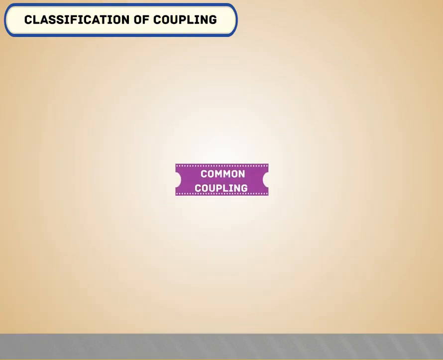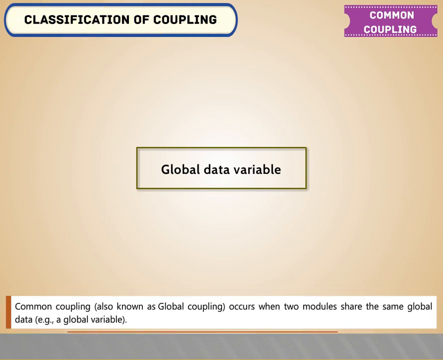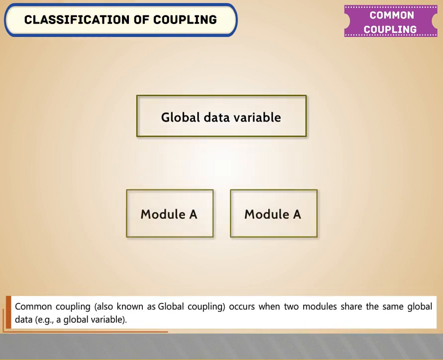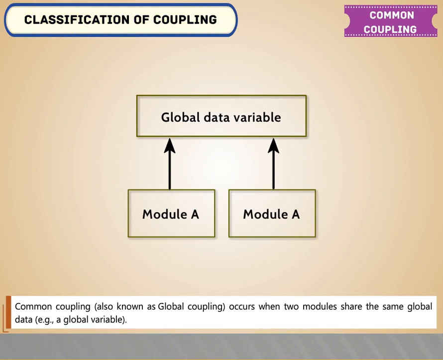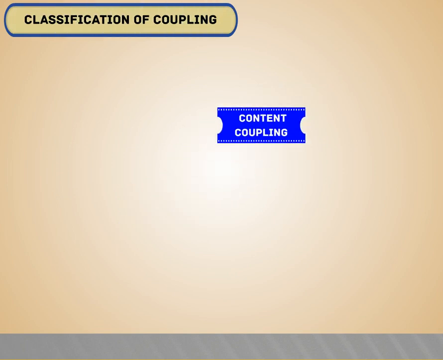Common coupling. Common coupling, also known as global coupling, occurs when two modules share the same global data, for example, a global variable. Content coupling.